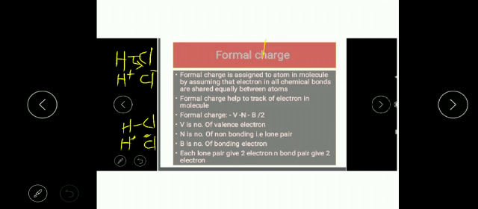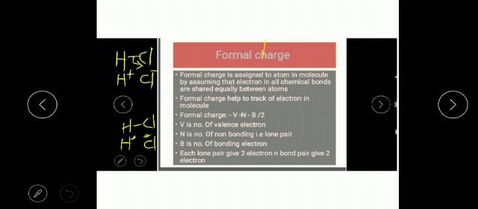Then the formal charge helps to keep track of electrons in molecules, meaning it gives the number of electrons present in a molecule. So majorly it is important to find out the number of electrons. The formula for calculation of formal charge is the number of electrons in the valence shell minus the number of electrons used in non-bonding, that is the lone pair, minus the number of electrons in bonding divided by 2.